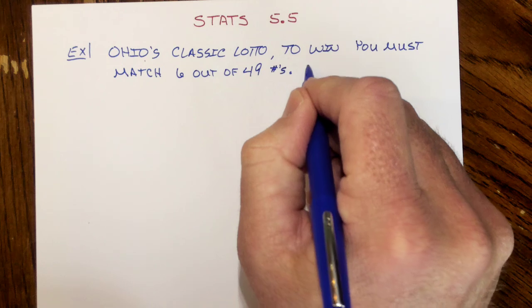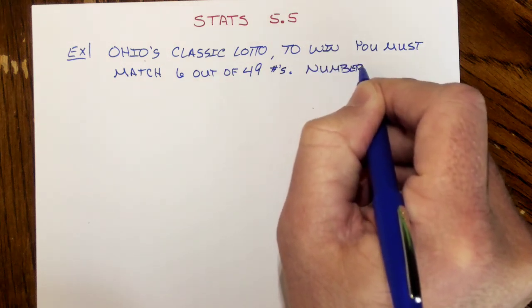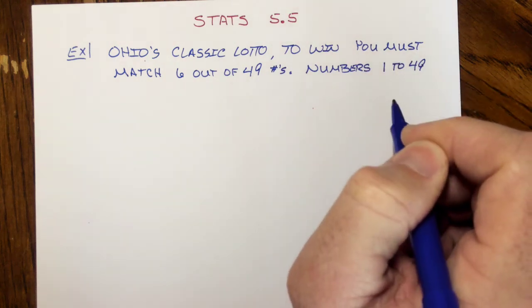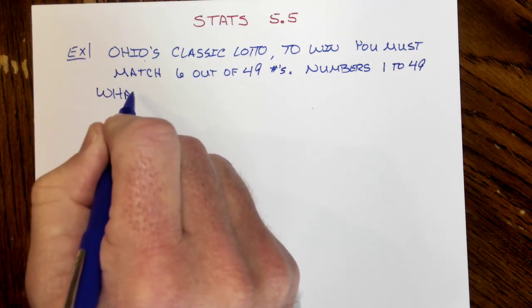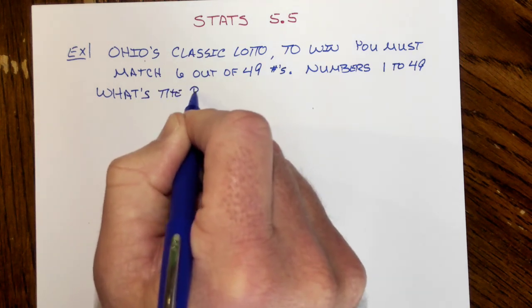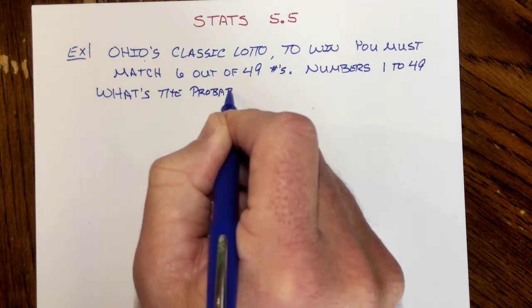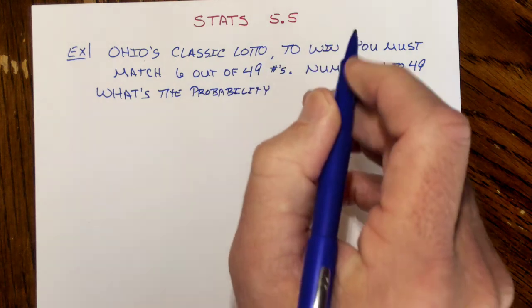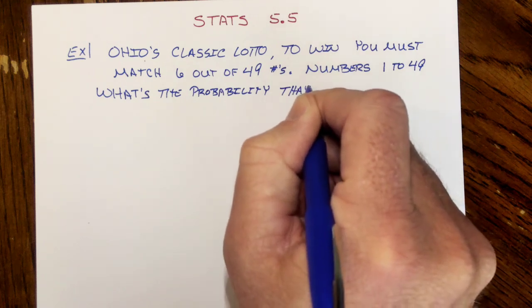And the numbers are from 1 to 49. Question is, what's the probability that you get a winning ticket?